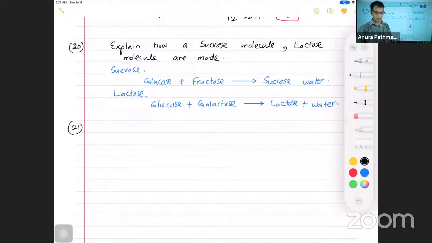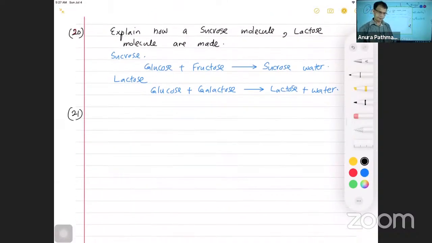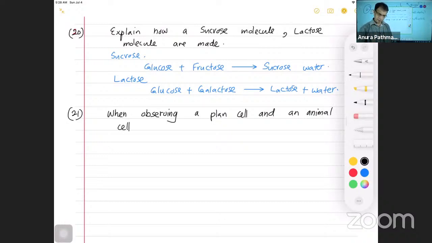Question number 21. My next question. We went on talking about the glucose.